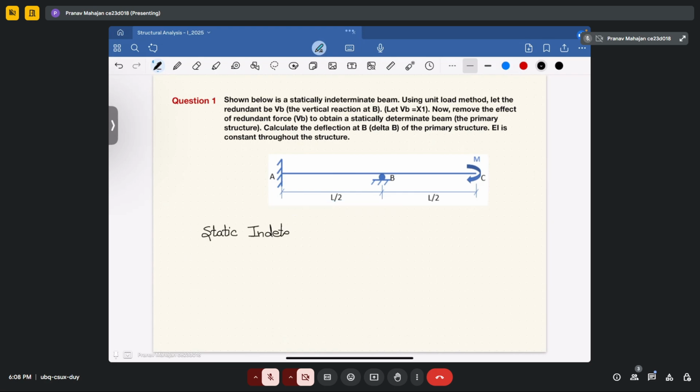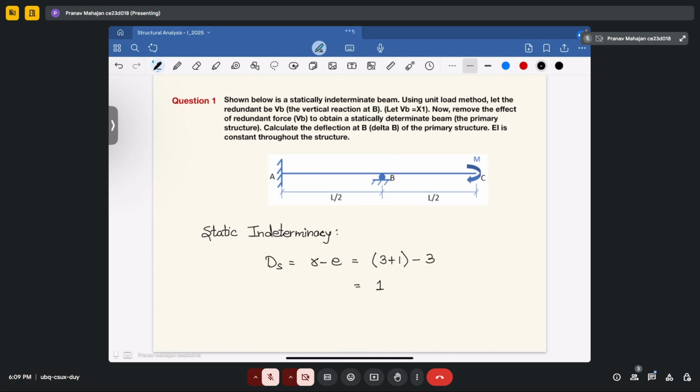Your static indeterminacy, in case of beams, will be equal to number of reactions r minus number of available equations E. In this case, your total number of reactions are 3 plus 1, 4, and number of available equations are 3 equilibrium equations, and from this you will get the degree of static indeterminacy to be equal to 1.